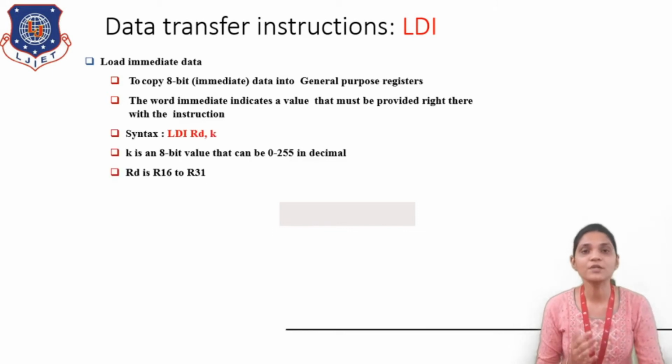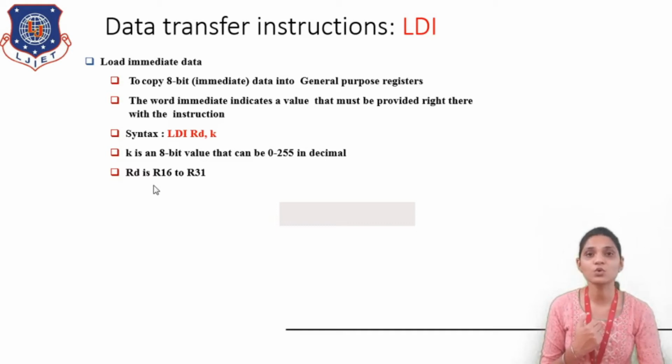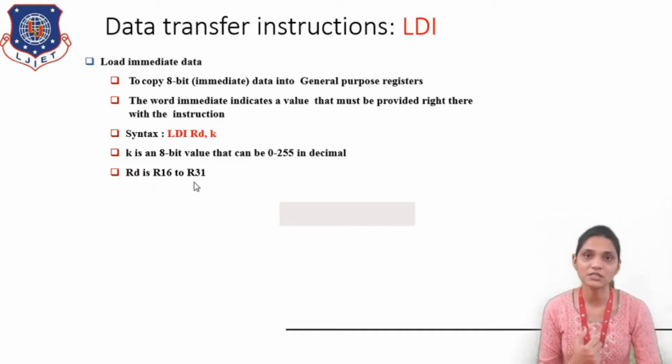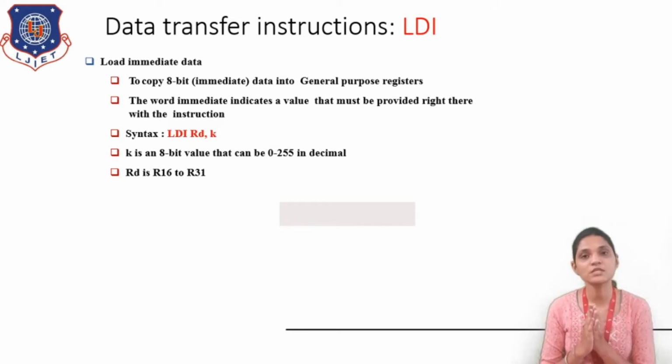The syntax is LDI RD, K. Here LDI is the operation code, RD is the destination register, and K is the 8-bit value that you want to store inside this destination register. But here in RD we have a limitation that we can use only R16 to R31 for loading the immediate data. So we can't use registers R0 to R15.